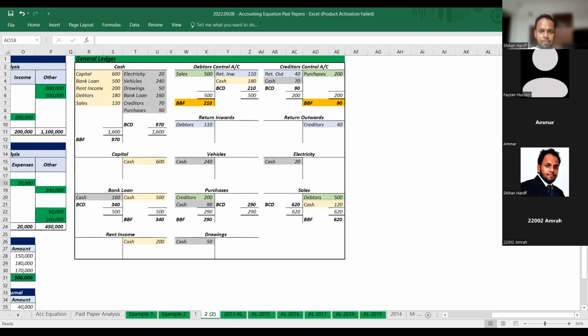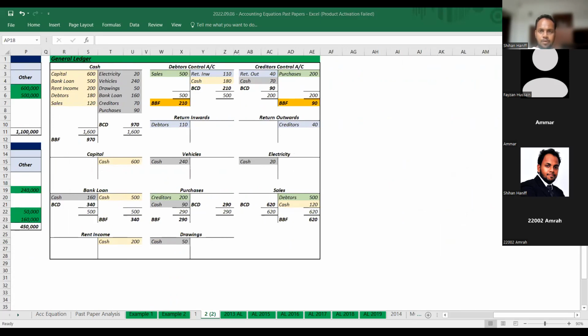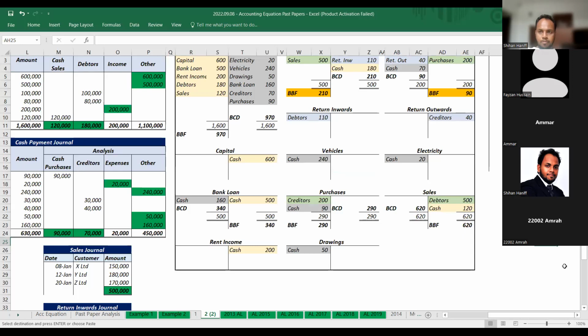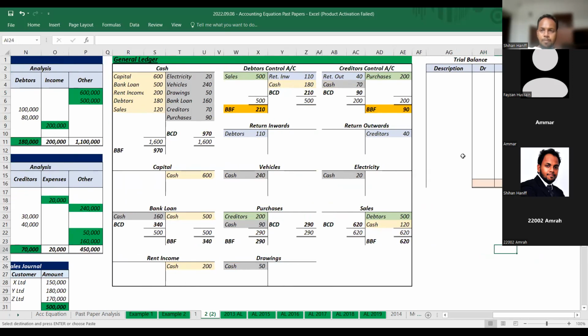Okay, now we can prepare the trial balance.